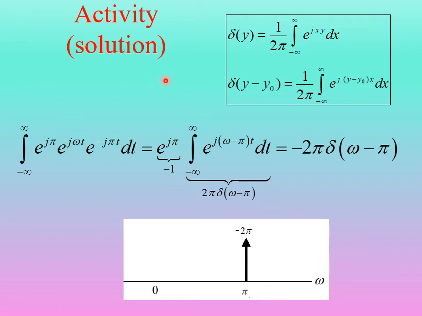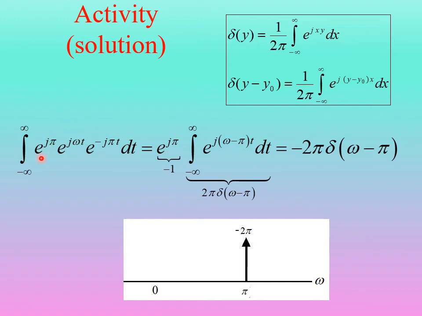All right, so here is the solution to the activity. Again, these are the two integrals from the last slide, the generic forms of the delta function that we're going to use here. And this was the integral that I gave you. First of all, e to the j pi: remember that on the unit circle, this is just -1, because pi is 180 degrees, so when we go over on the unit circle, we end up at -1.